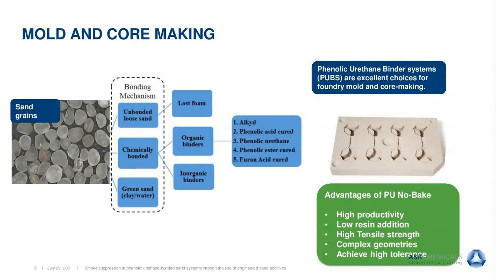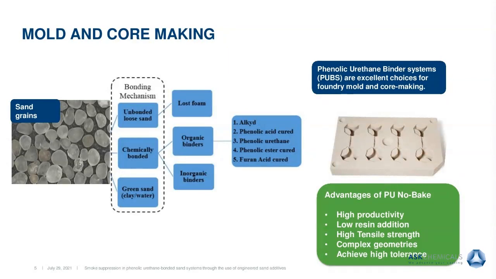The main categories, I would say, that are out there and the mechanisms to bind sand together are the green sand and the chemical bonded sand. We have other systems like loose foam and unbonded loose sand, but the most common are chemical bonded and green sand. Now inside the chemical bonded sand technology, we have another subcategory, which is the organic binder systems and the inorganic.